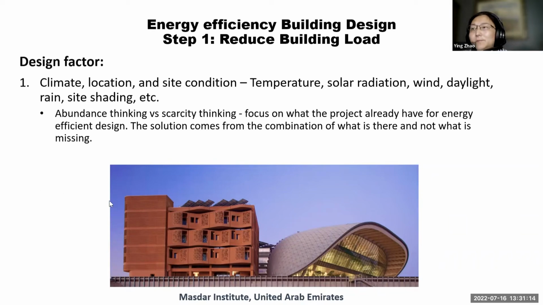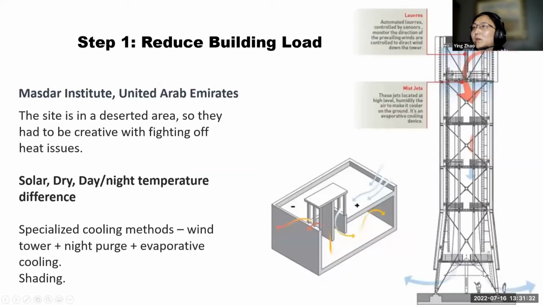Here is an example, the MADA Institute in the United Arab Emirates. This project is located in a desert area, so they have to be very creative in fighting the heat issues.